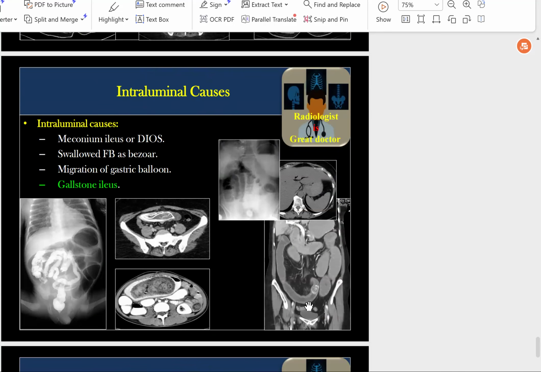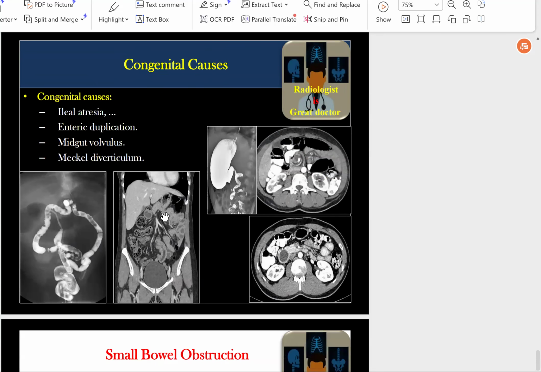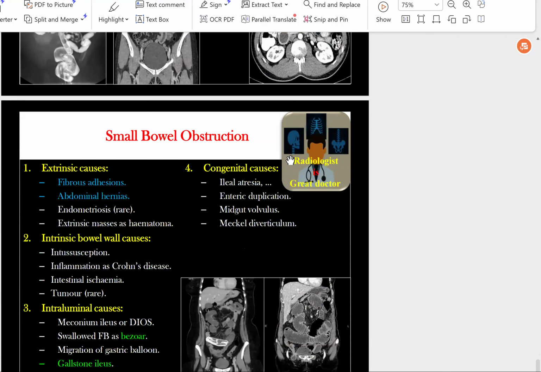Intraluminal causes, like stone, migrated, for example, gastric balloon or bezoar. And don't forget the congenital causes, Meckel's, duplication cyst, midgut volvulus, and so on.